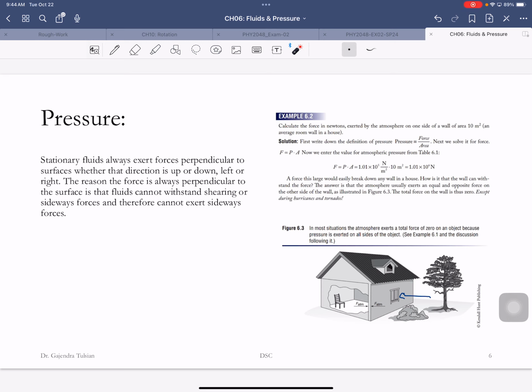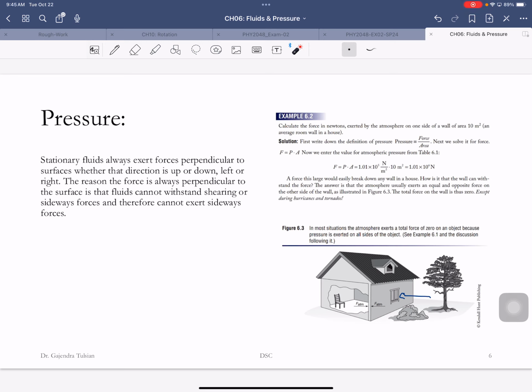Okay. So the force on the side of the wall, the area is 10 meters square. You can think of 3 meters by 3 meters, so roughly half that wall.